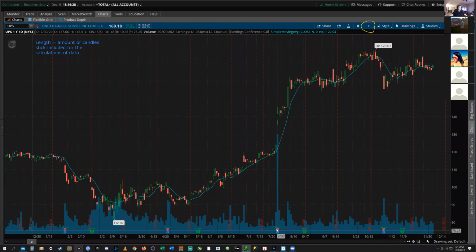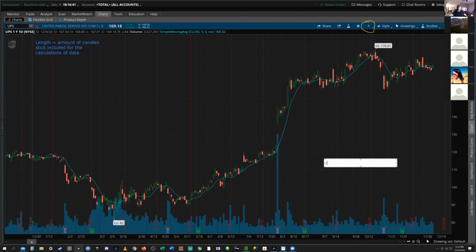That's what that little telephone and light bulb are. But it can tell us a couple things. One of them is, is it trading above or below the average? What is the direction?